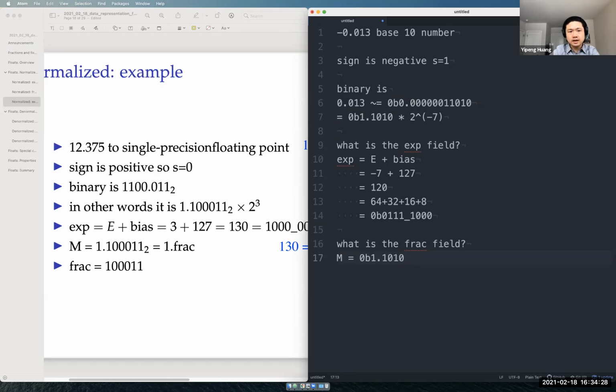So mantissa is this value. And frac is just, we truncate away the implied 1 point. So the frac portion of this mantissa is 1010. So this is the number we record in the frac field for this single precision floating point number.